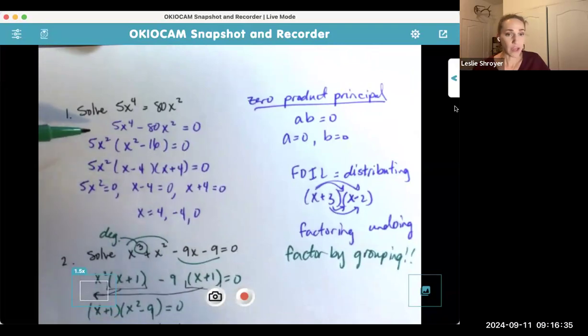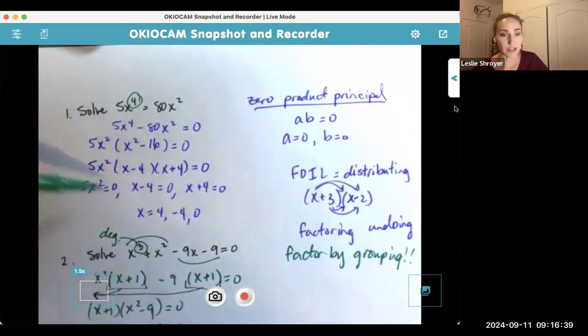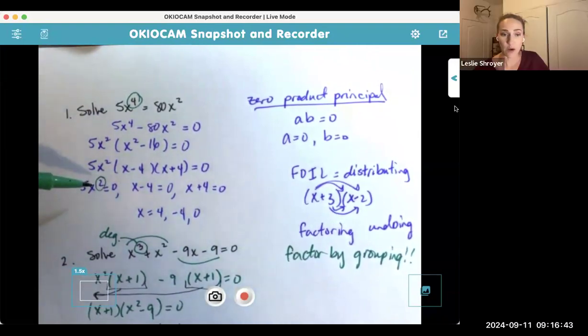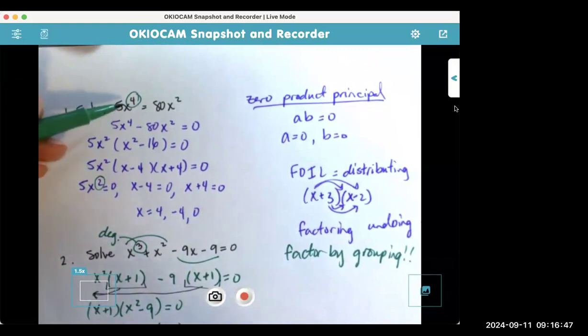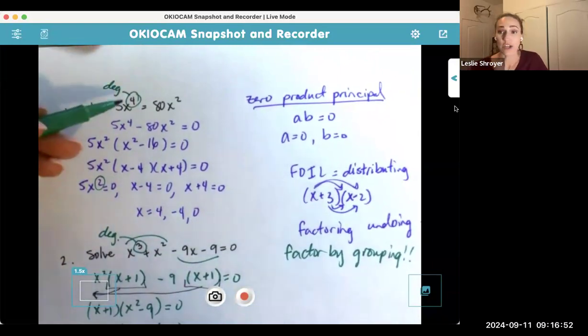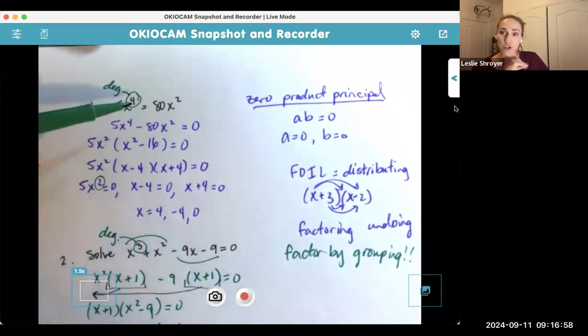Notice here that we had degree 4 and we have 3 solutions, but technically this x was an x squared. So it's almost like the zero getting counted twice. Whatever our degree is, and remember that's the highest exponent, that's the most solutions we can have. Here we have degree 4, so if we got 4 solutions, that would be cool.